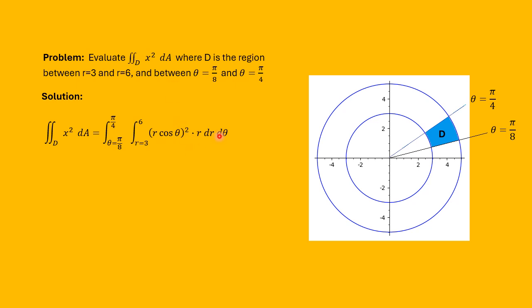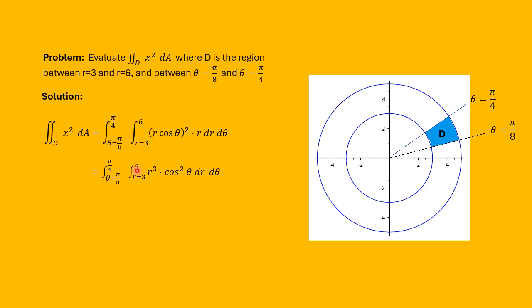So what happens to that? Well, let's see what we have here. We have an r squared here times another r, so that gives us an r cubed. And we also have cosine of theta quantity squared, so cosine squared theta, and then dr d theta, and the limits on the integral did not change at all.